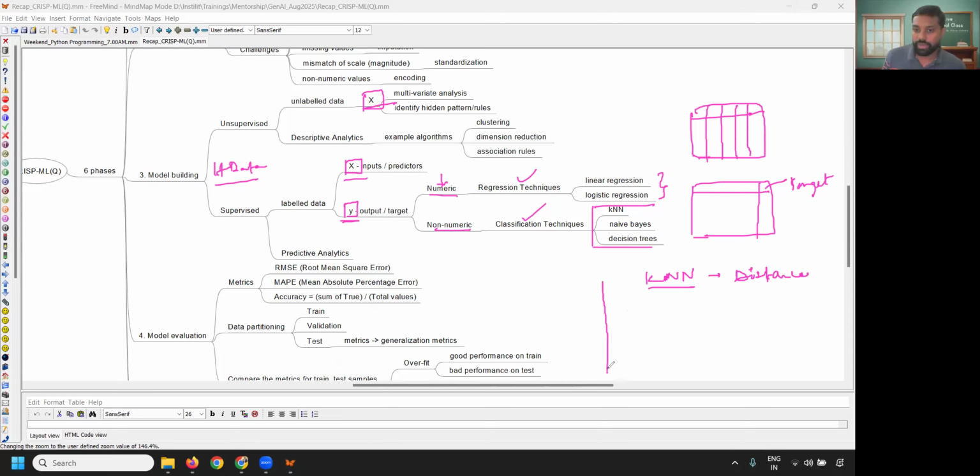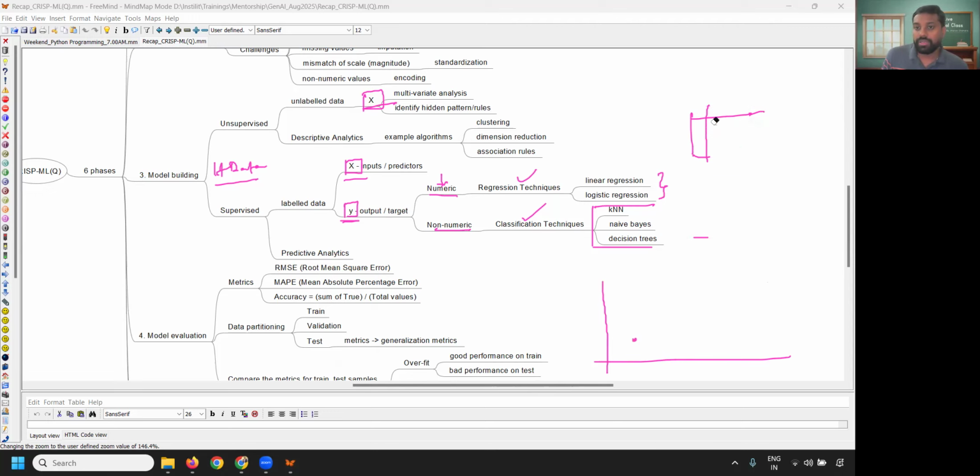So if I talk about these points, okay, let me erase this. Let's say I have data scattered like this, and the best example we can talk about is a scenario where I want to understand whether the student passes or fails.